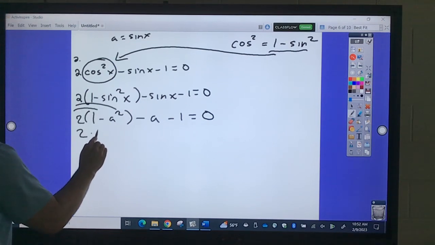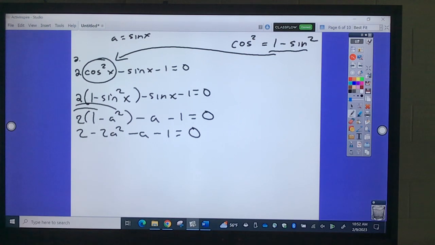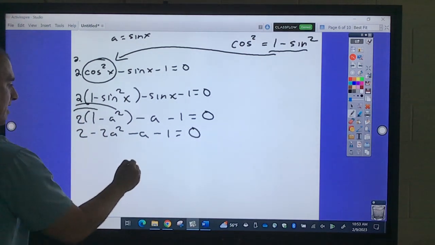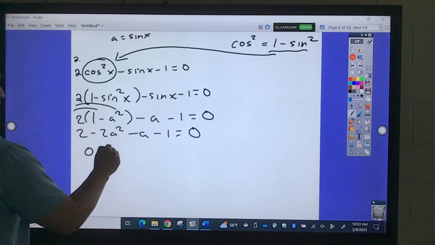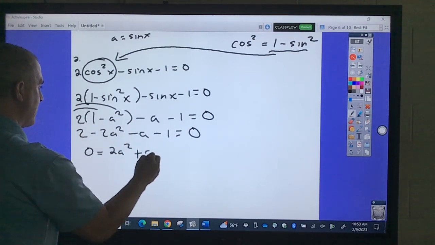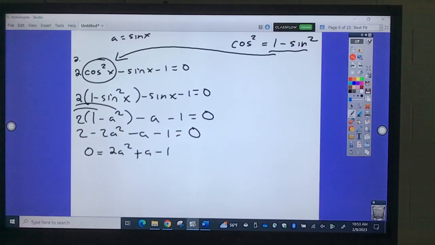Distribute that: 2 minus 2a squared minus a minus 1 equals 0. Now, when you get the negative a squared, just move everything back over to the other side. So that would be 2a squared, positive a, 2 minus 1 would be 1, and when it moves back over, negative 1.